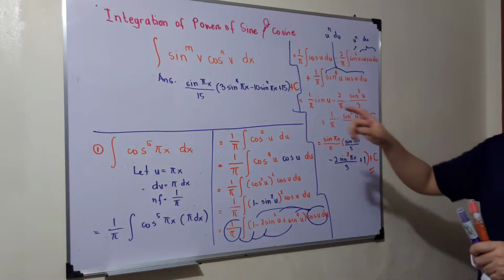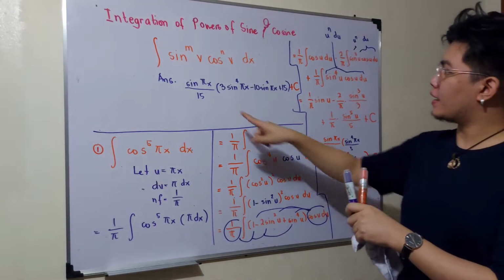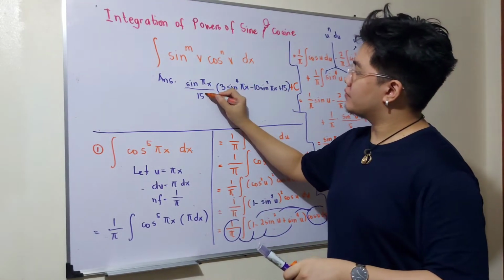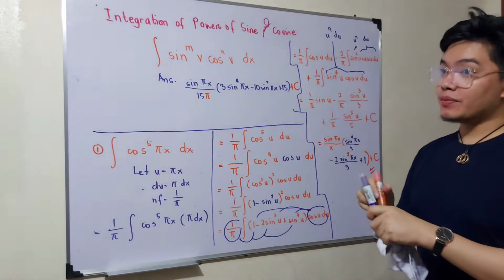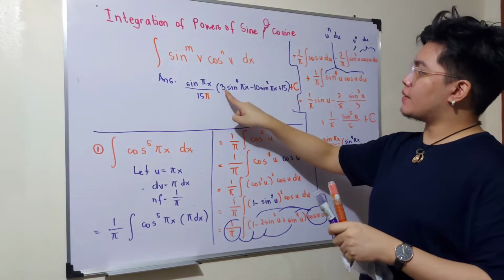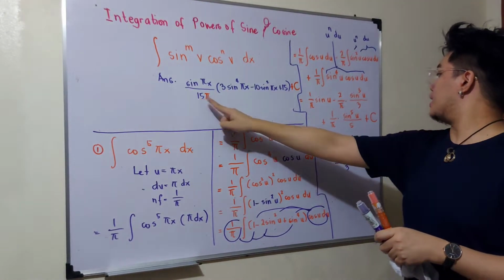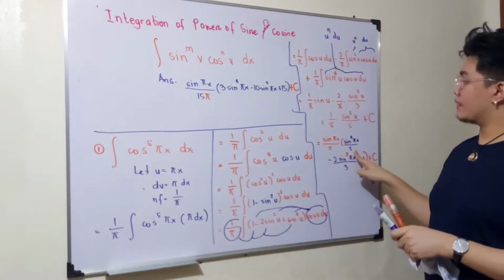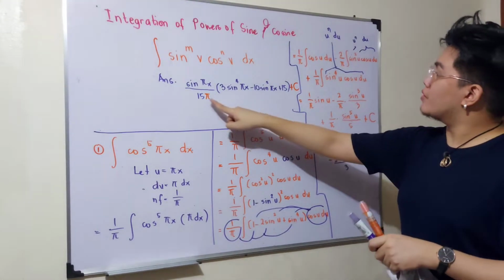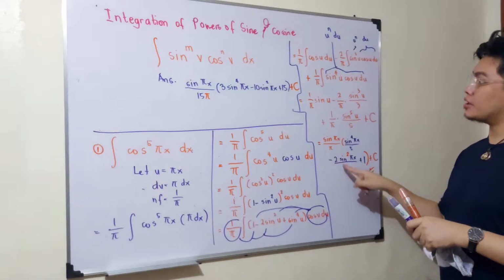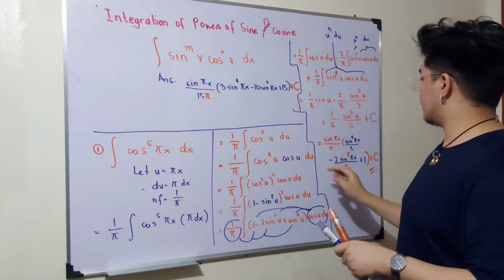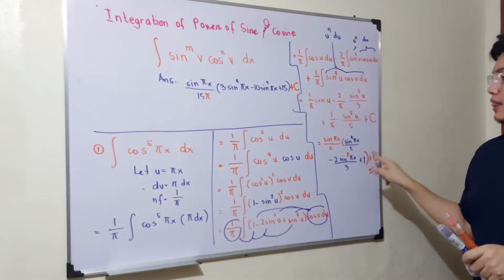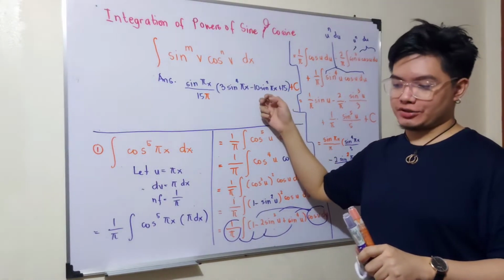Saka pag minultiply mo yung 15 sa mga to, so 3 divided by 15, that's 1 over 5. 10 over 15, 2/3. 15 over 15, 1. Okay, so ito na yung final answer.